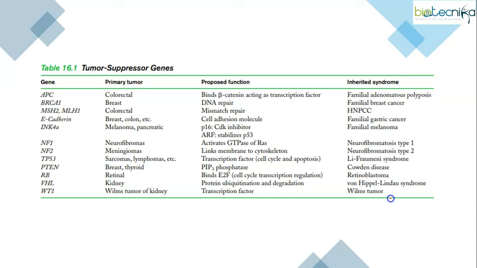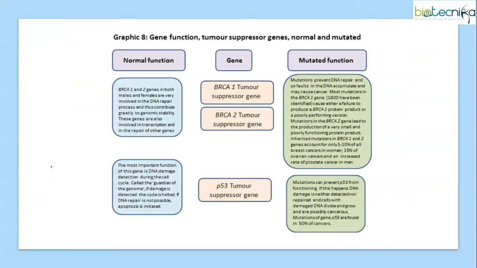Similarly, we have tumor suppressor genes. As you can see, we have APC, the BRCA1 gene, the mismatch repair genes, TP53, the PTEN gene, the RB gene. All these are examples of tumor suppressor genes. So let's check out how exactly it works.